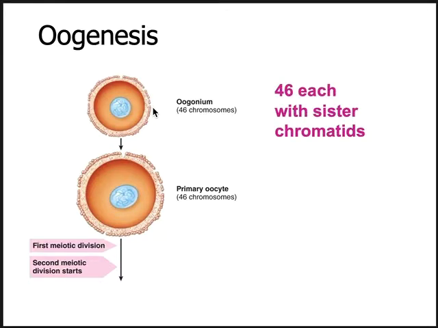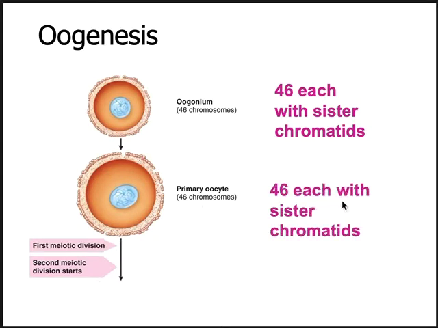Okay, and then that division gives rise to primary oocytes, which also have 46 with sister chromatids. Primary oocytes are the cells that are going to go through meiotic division or meiosis. Okay, so this all happens before birth.